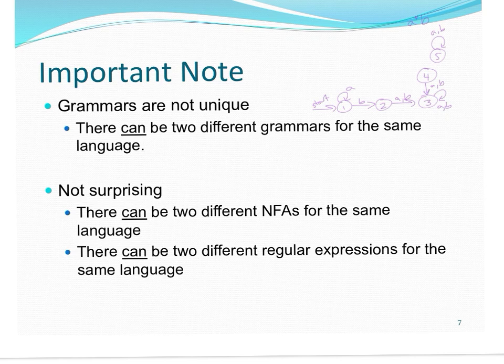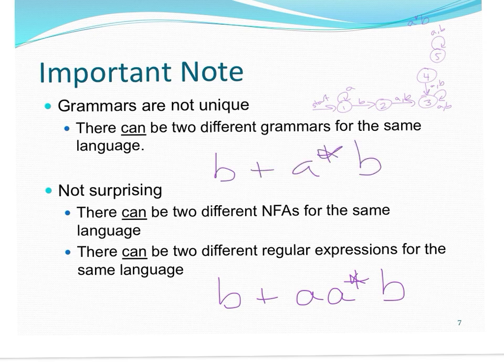So another regular expression for A star B is B plus A star B. So you can have a B on its own, or an A followed by 0 or more A's followed by a B. That's a regular expression. Another regular expression for the same language is just B plus A star B, because it doesn't make a difference if we repeat something. These are all perfectly reasonable.